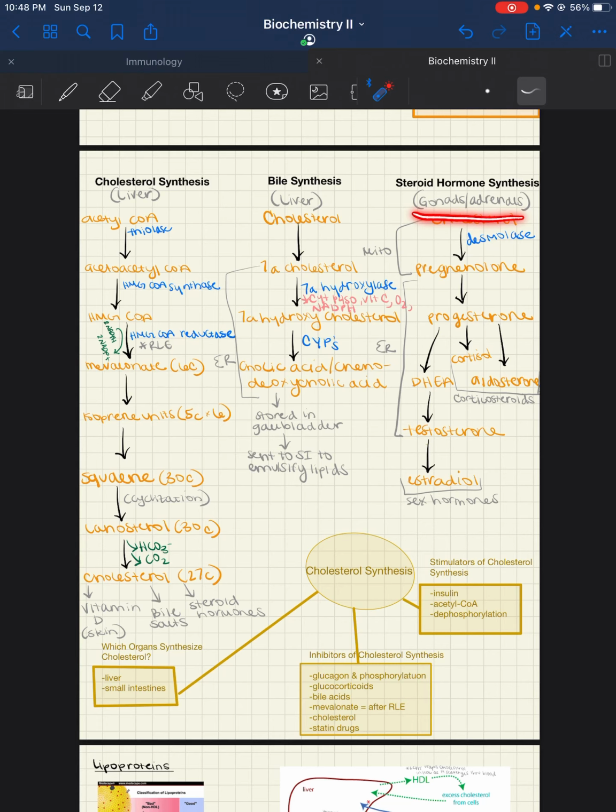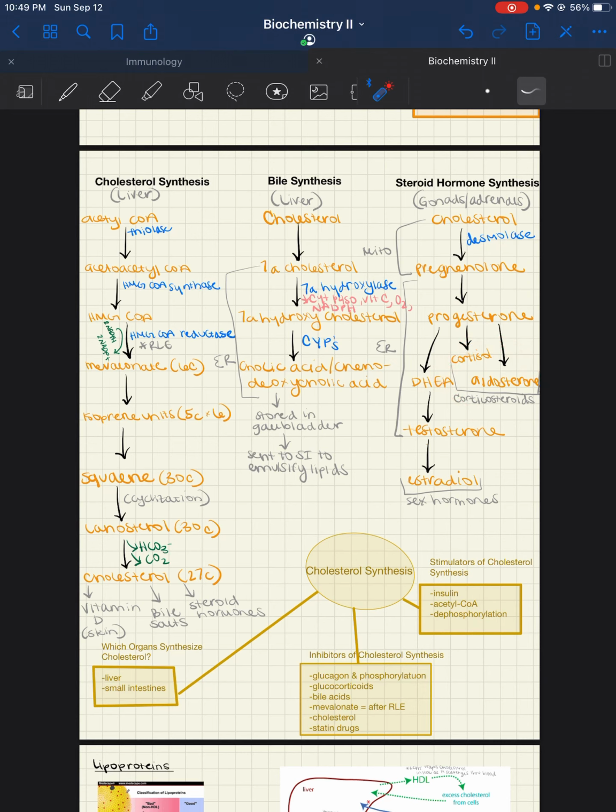Steroid hormone synthesis occurs in the gonads and the adrenals, starting off with cholesterol. Desmolase is the rate-limiting enzyme of steroid hormone synthesis. It's turning cholesterol into pregnenolone. Pregnenolone turns into progesterone. Then progesterone makes DHEA, cortisol, and aldosterone.